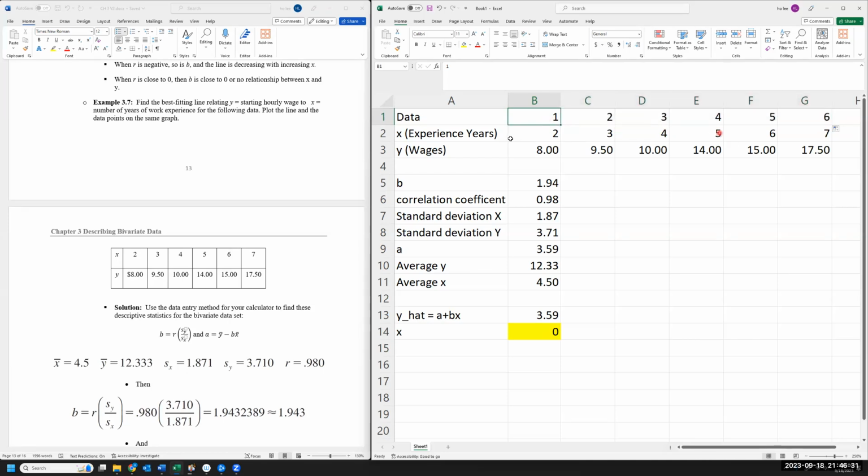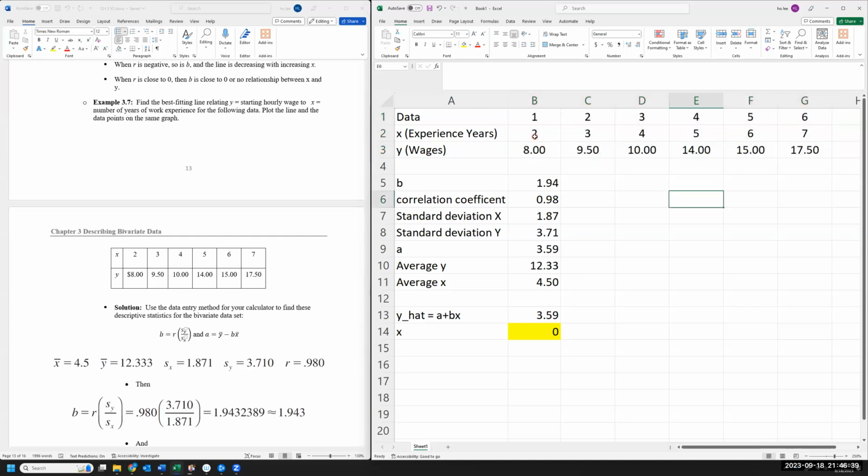We have 6 data points: person 1, person 2, person 3, person 4, person 5, person 6. And we have their data of how many years of experience they have and what was their starting wage given these years of experience. And we use this information to create a formula for y hat.